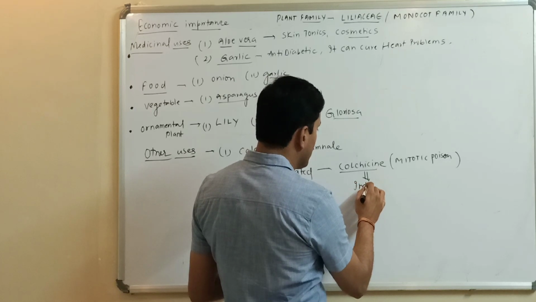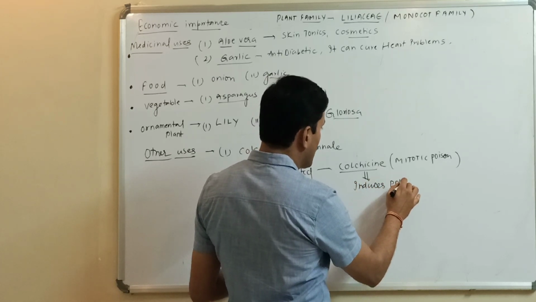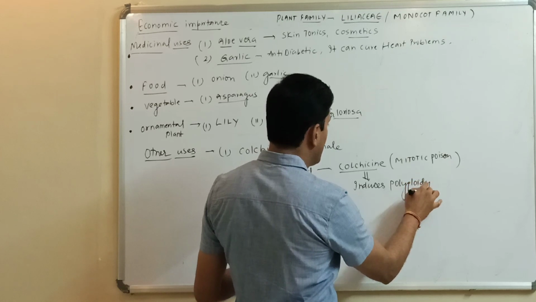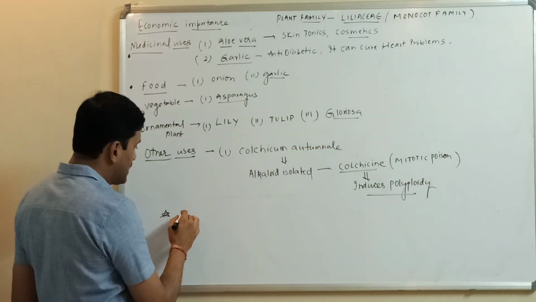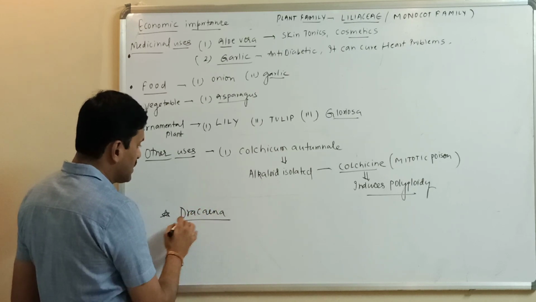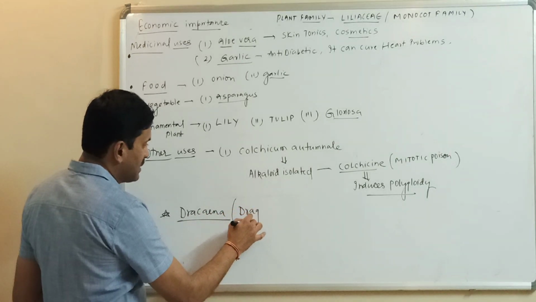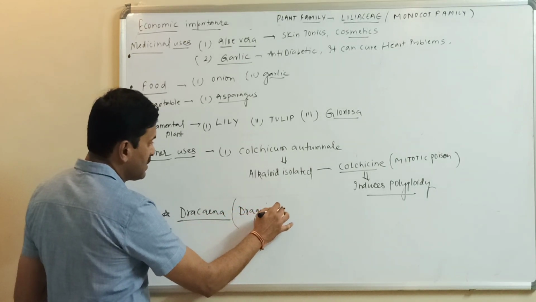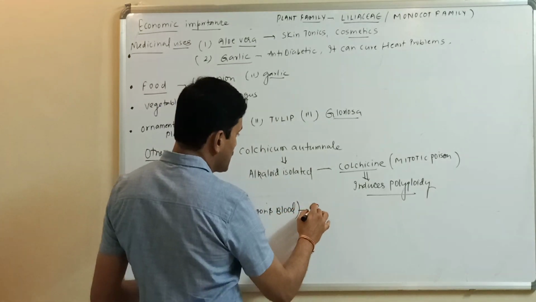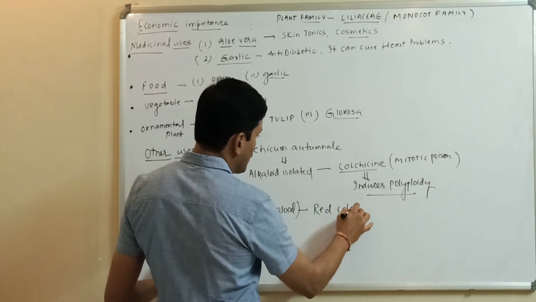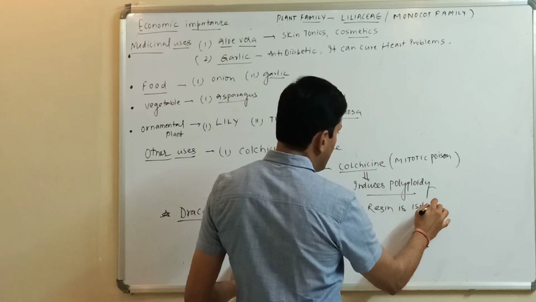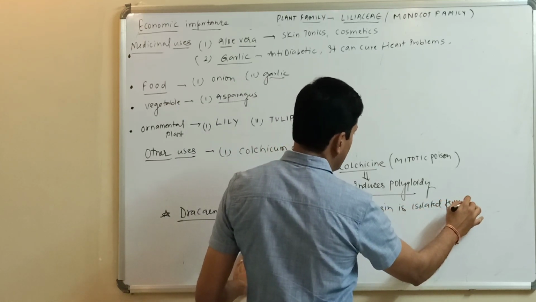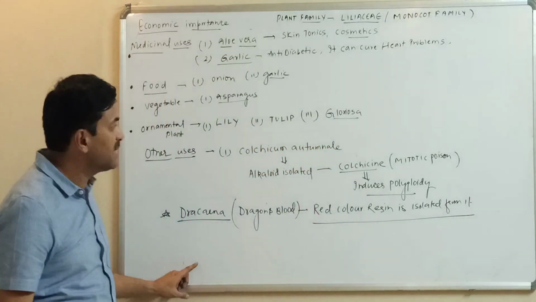It induces polyploidy. And one more use is there, and that is Dracaena. Dracaena is called dragon's blood. Why? Because red color resin is isolated from it, which is used for various purposes.